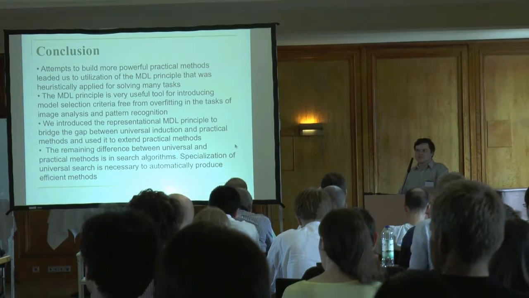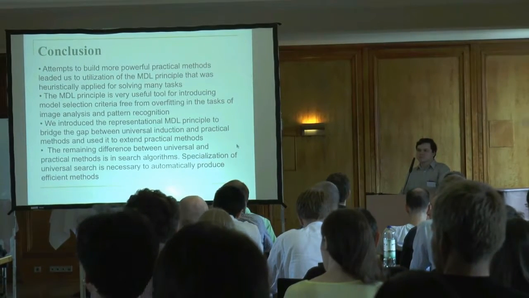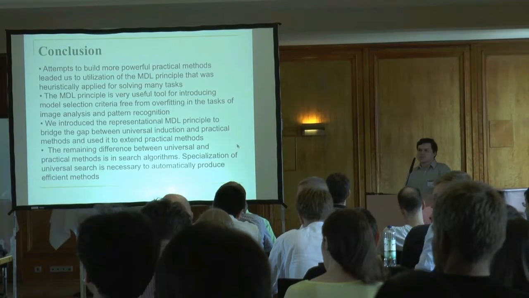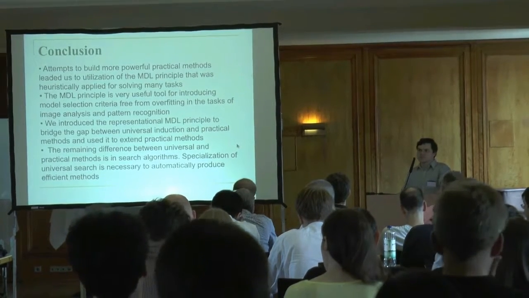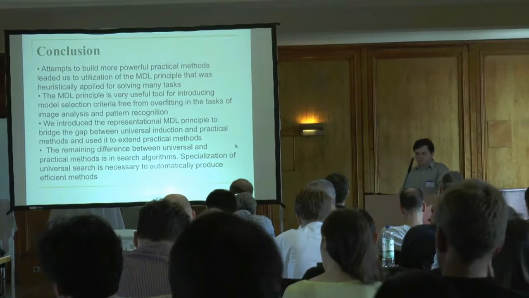Hi, thanks for your talk. My question is regarding the encoding schemes, because you motivated the introduction of universal Turing machines and Kolmogorov complexity by removing the handcrafted encoding schemes.